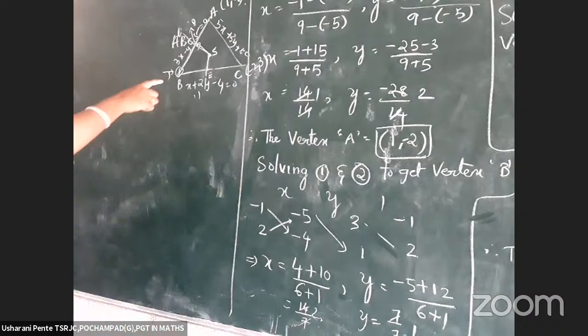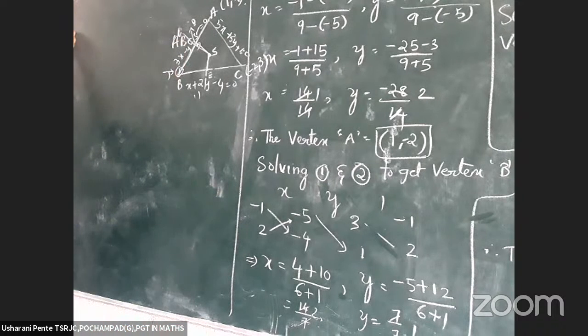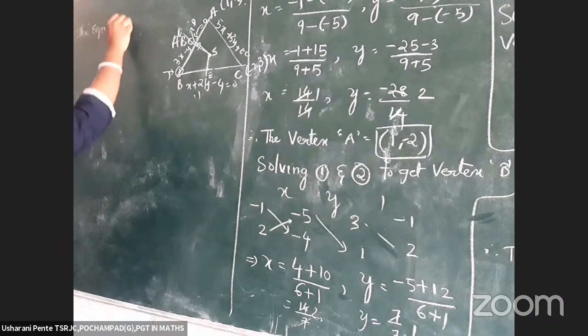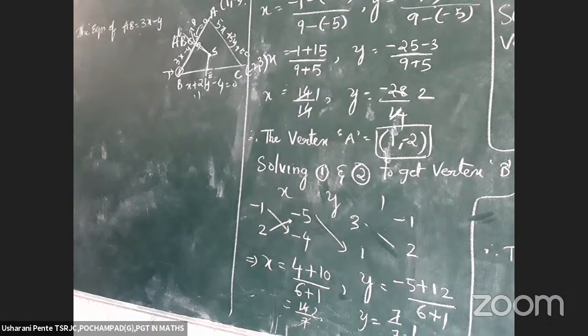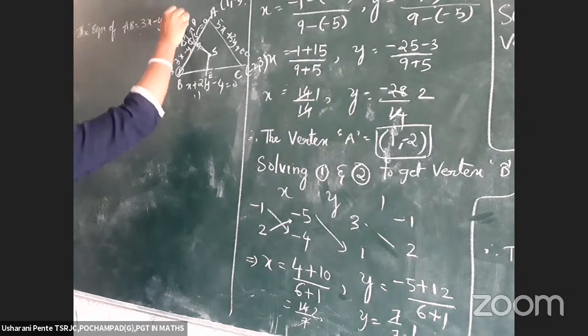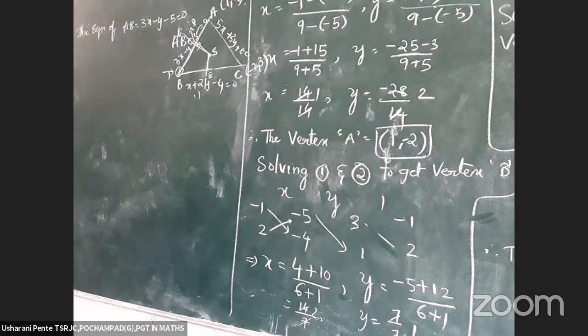So, for this, the equation of AB is what? The equation of AB is 3x minus y minus 5 is equal to 0. So this is the equation of AB.